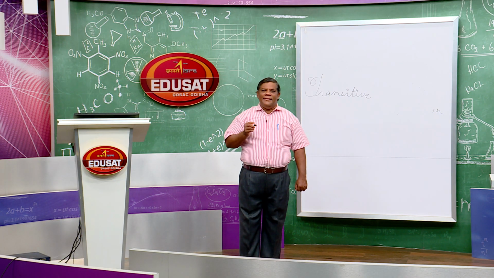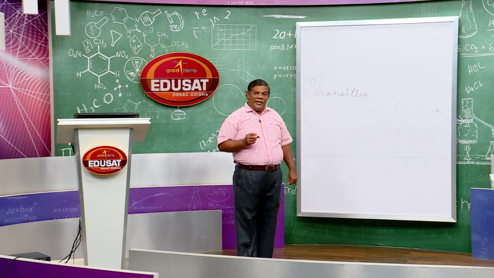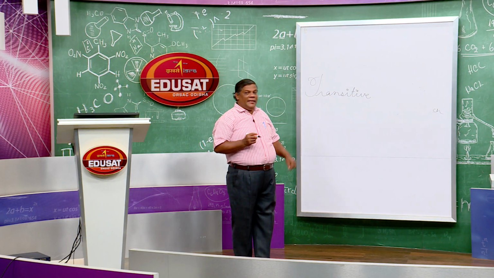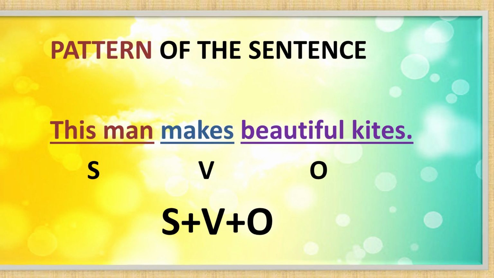Therefore, we need a transitive verb, meaning the verb that carries an object. In the sentence "This man makes kites," this man is the subject, makes is the verb, and kites is the object.